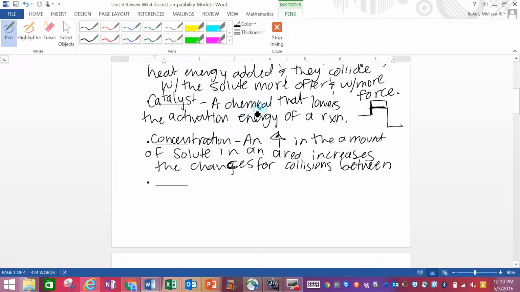If there's more stuff in the solvent, of course it's going to react faster because there's more solute in there for it to react with.